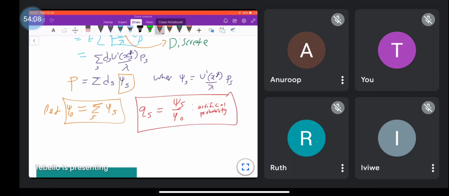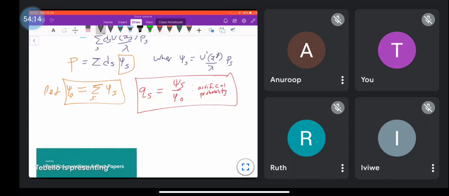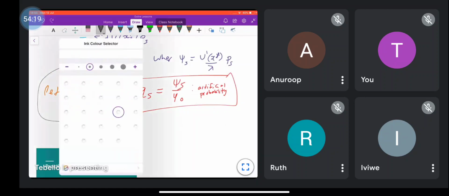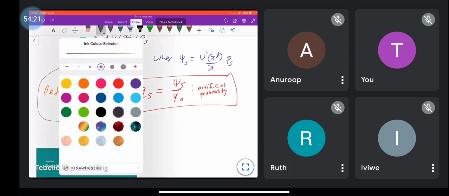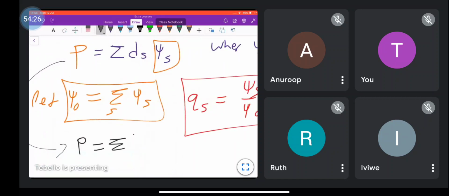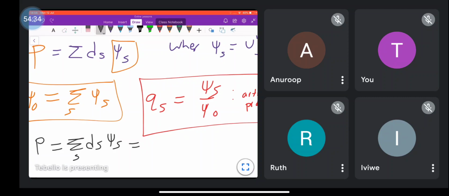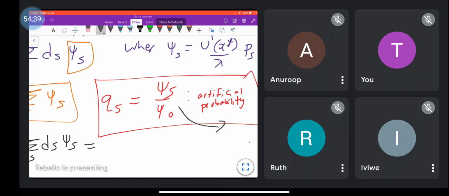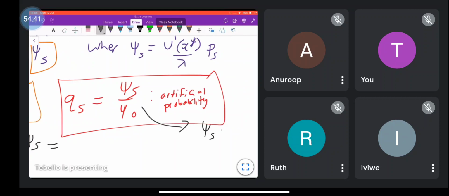So again, we can take this thing back to the equation. Our equation over here says that P is going to be equal to the sum of the payout times the state pricing, for all the states. So this equation over here, we can simplify it. We can say that psi s is going to be equal to Qs times psi 0, right?